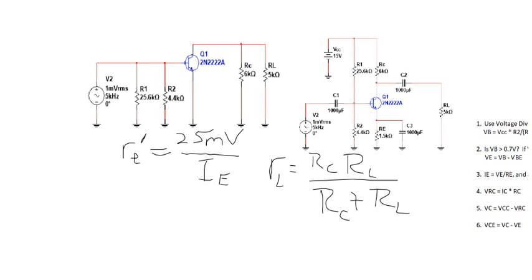And then we're going to find that the gain of the amplifier is just simply this little RL over little RE prime.